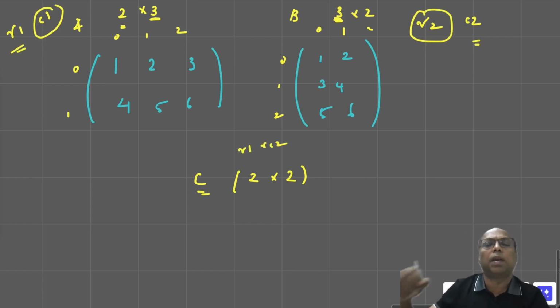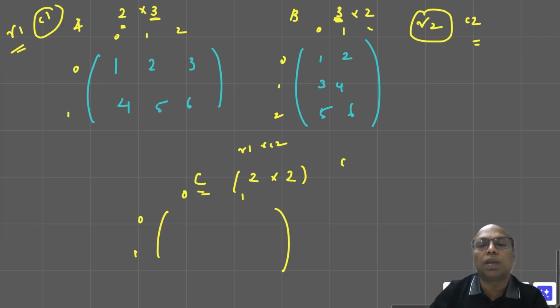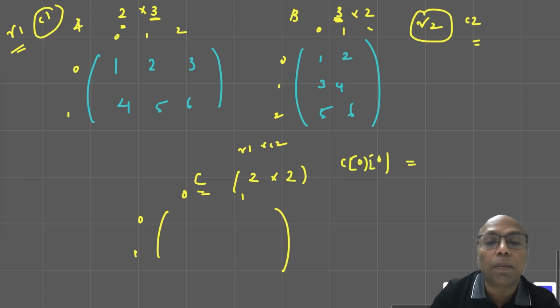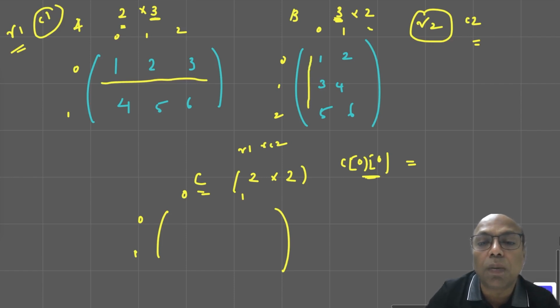Okay, so how does the multiplication happen? If I want a value for C of 0, 0, how should I get it? You have two rows and two columns. You want to get a value for C of 0, 0. Correct? How will we get it? You need to multiply. If you want a value for 0th row, 0th column, the 0th row of the first matrix must be multiplied with the 0th column of the second matrix.